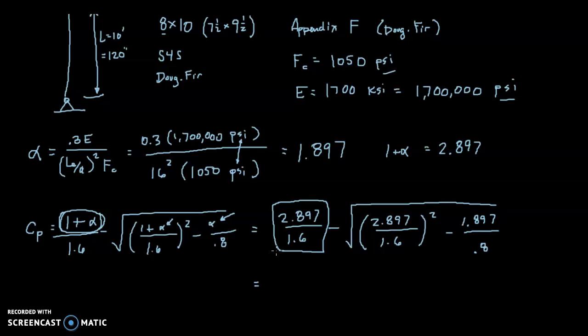2.897 divided by 1.6, and I get 1.81. And then I'm going to subtract the square root of, let's look at this term next. Let's solve that. 2.897 divided by 1.6 equals, and then square that answer, and I get 3.278.